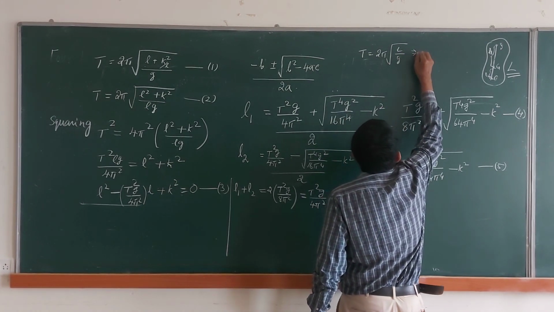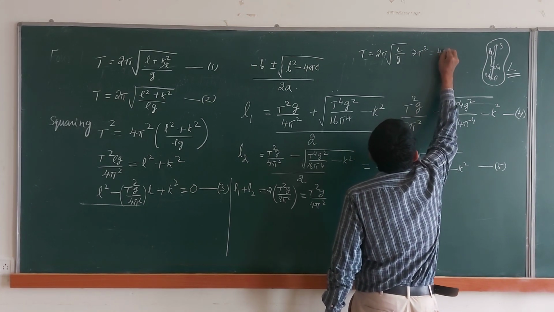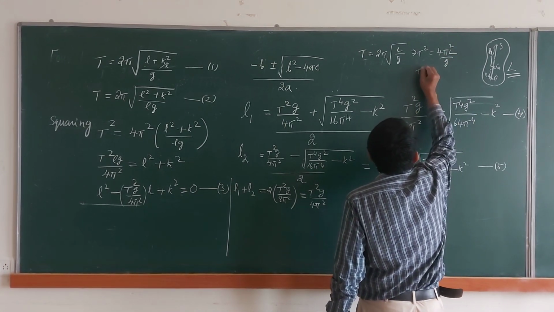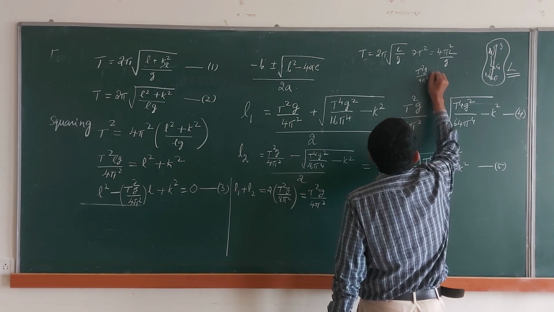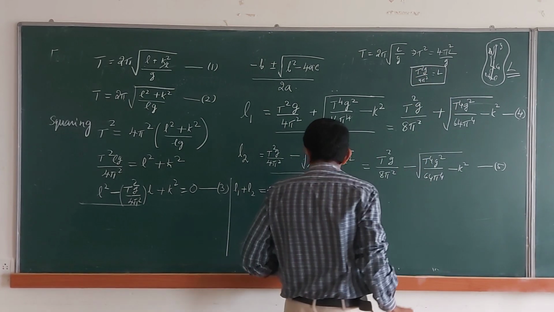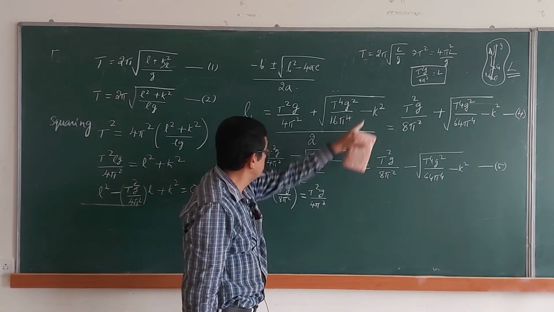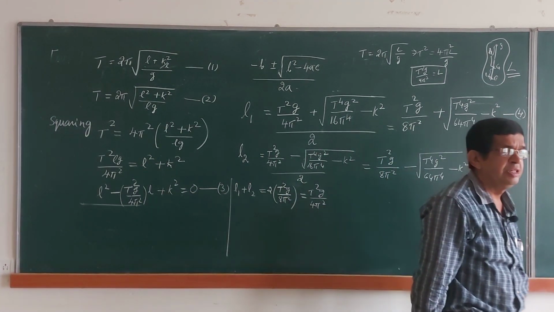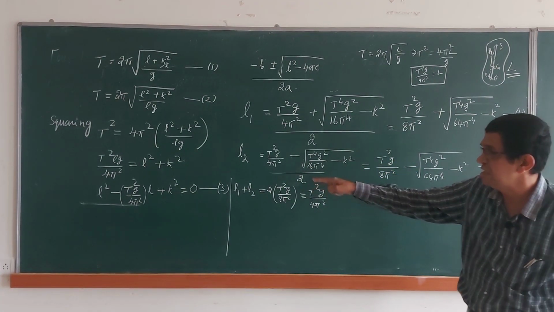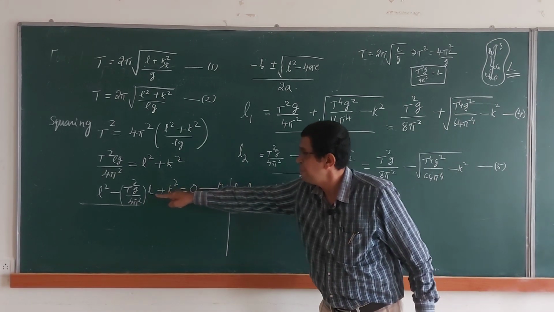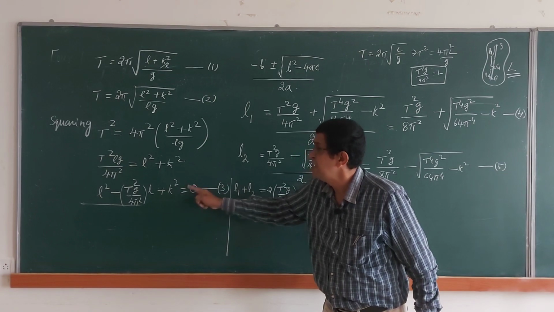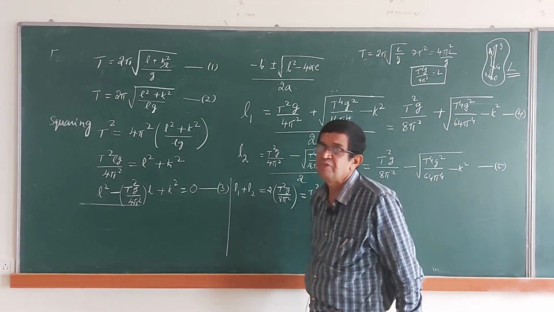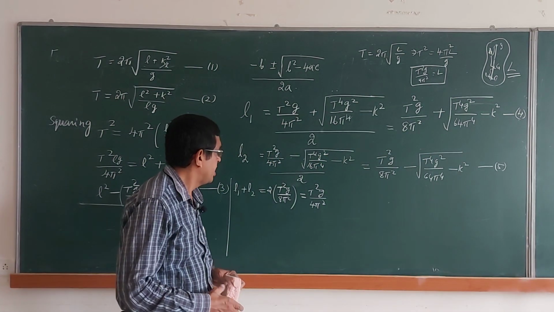That implies T square is equal to 4 pi square L by G, or T square G by 4 pi square is equal to L. And naturally, T square G by 4 pi square is equal to capital L, which proves that the sum of the roots of that quadratic equation, L square minus T square G L by 4 pi square plus K square, gives us the length of the compound pendulum. And I hope you have followed.